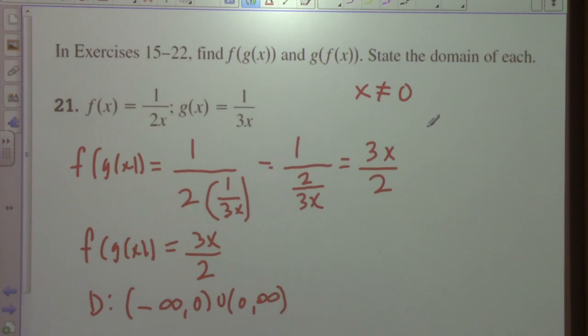Now g of f of x, you should get 2x over 3. Is that what you got? So see if you can figure out how to get 2x over 3. And if you do that, that'll be good enough for this one. And then our domain.